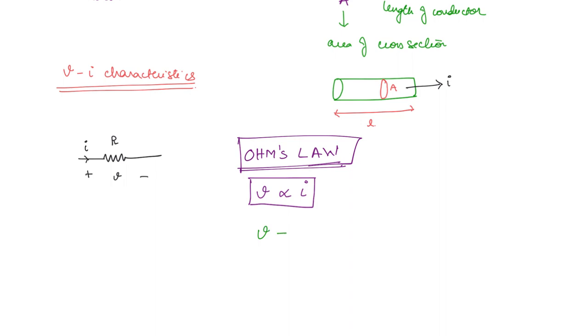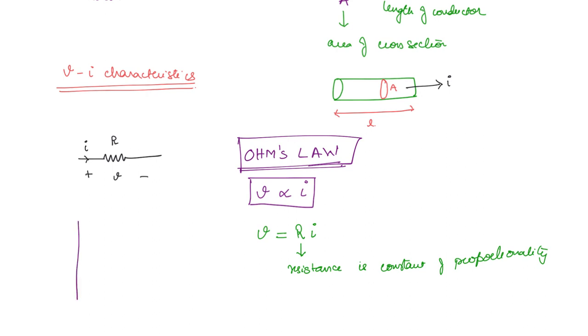So when you convert the proportional symbol into equal to, you will have a constant of proportionality, which is the resistance for the conductor.